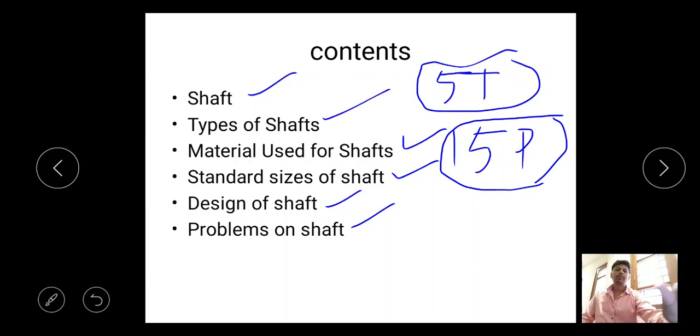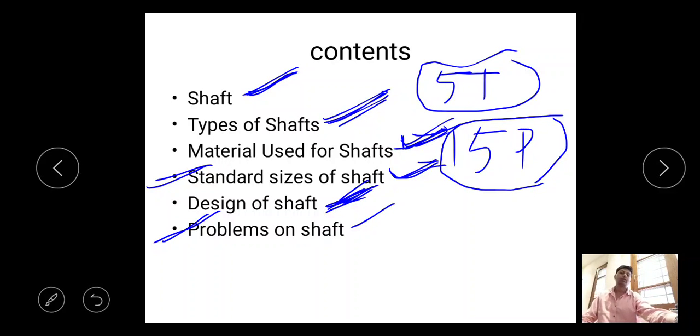In this whole chapter, we have studied what a shaft is, the different types, that is transmission shaft and machine shaft, and which materials you are using and what the properties of those materials should be. Then we briefly discussed the formulas you use for design of shaft. In the next class, when we are using the data handbook, we will study the standard sizes, and then we will solve a few problems on shaft.